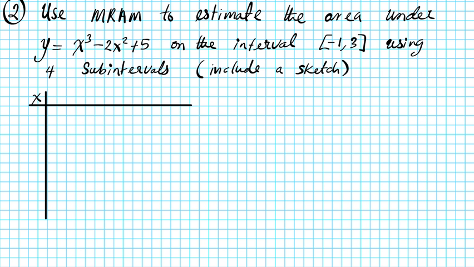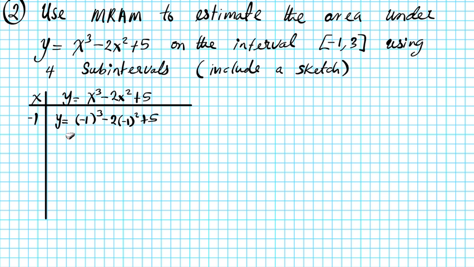X, and then my output is defined by y equals x to the third minus 2x squared plus 5. We're starting from -1 all the way to 3. I want to graph the point, so let's start with -1. If I plug in -1 into this function, I'll have y equals -1 to the third minus 2 times -1 squared plus 5.